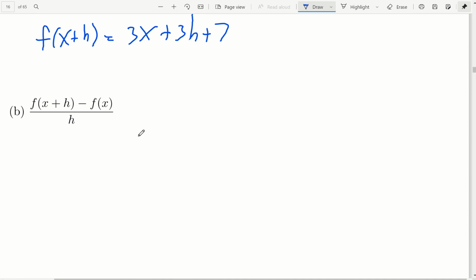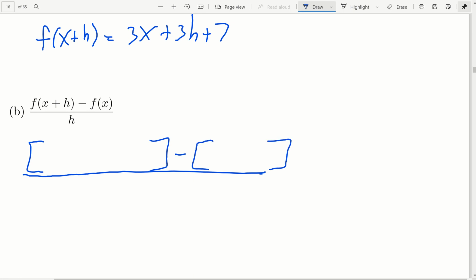We now want to simplify the difference quotient, f of x plus h minus f of x, divided by h. Whenever I do my difference quotients, I always like to highlight the 3 key pieces. Remember, h will always go on the bottom. That's usually the easiest part. You can just put an h down there in the bottom. The first piece is f of x plus h.